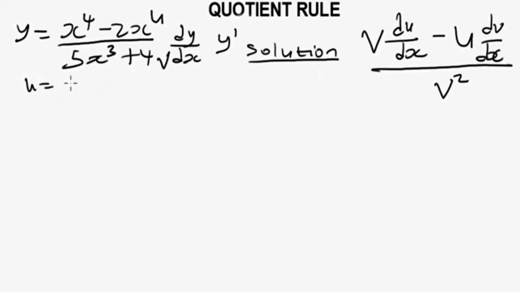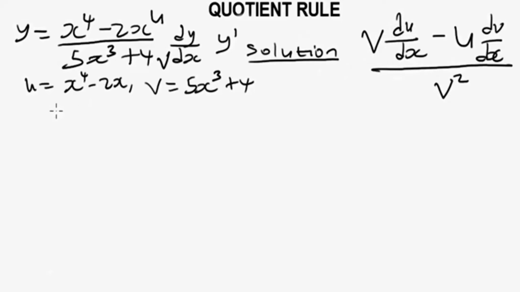We have u equals x^4 minus 2x, and v equals 5x^3 plus 4. Okay guys, let's go ahead and solve this problem. v du by dx means we should leave v and differentiate u.